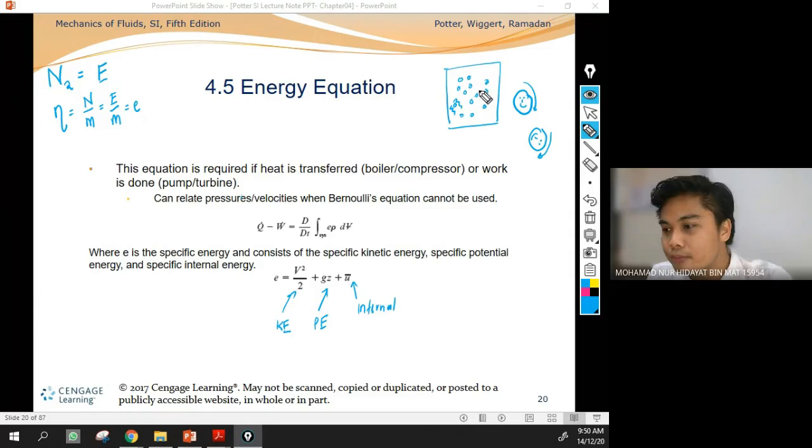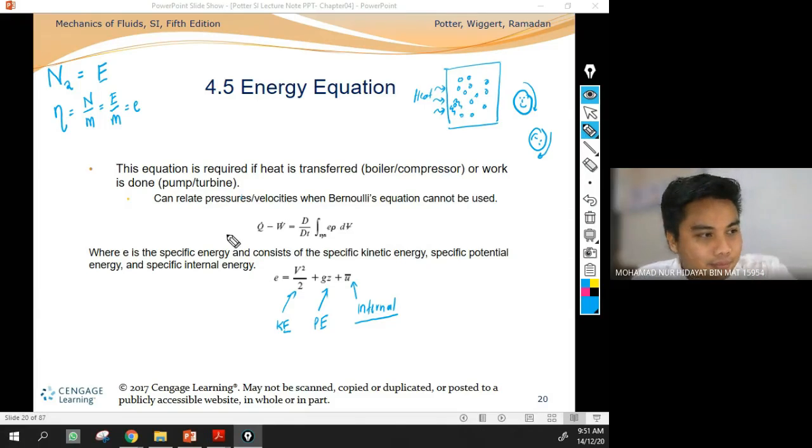All this movement of the particles we call the internal energy. Remember that if heat comes into the system, the particles will vibrate, rotate, and move very fast. That's why we call it the internal energy. So this movement of the small particles we call the internal energy.